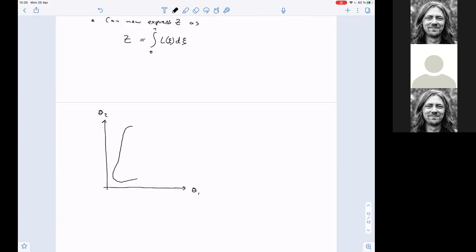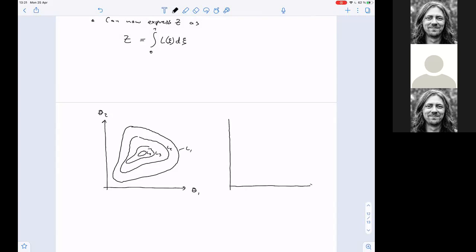This is some low value of likelihood, some slightly higher value, some slightly higher value, and some high value of likelihood. I'll just call these L1, L2, L3, L4, some fixed likelihood values.